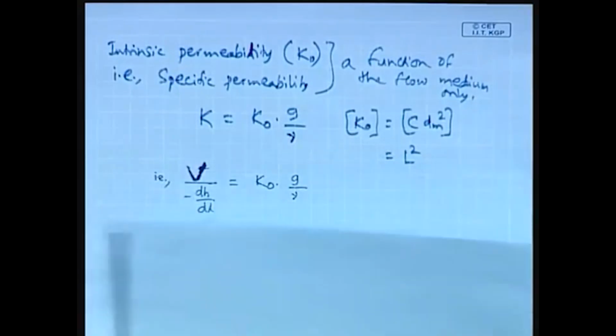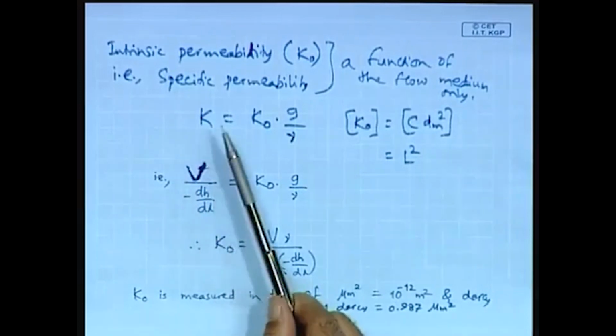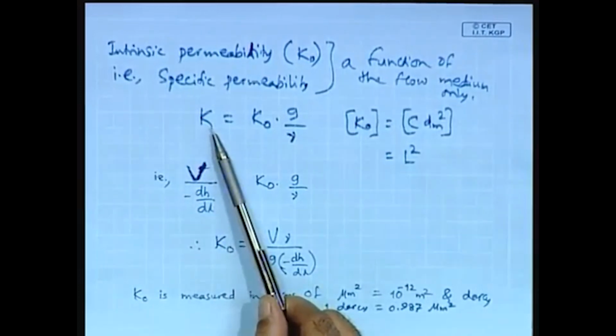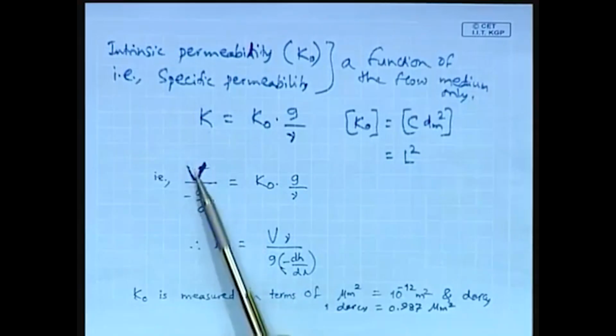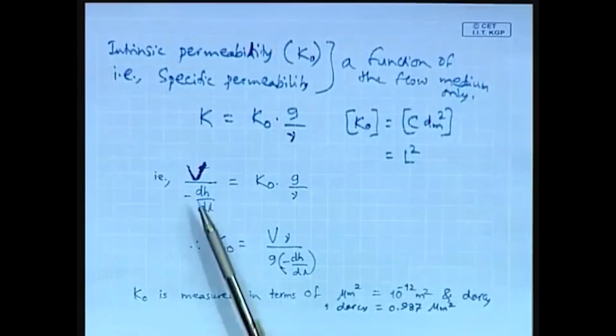And by Darcy's equation we know that the hydraulic conductivity or permeability can be expressed as the velocity V of the groundwater divided by the hydraulic gradient, that is minus dH by dL.